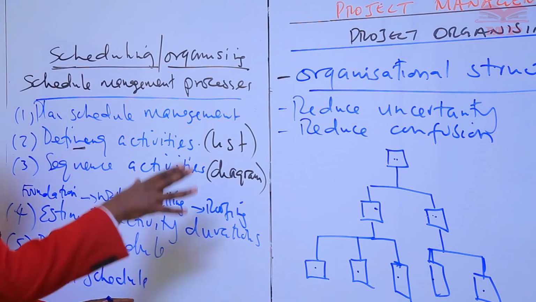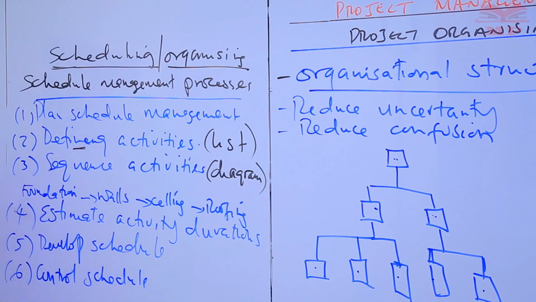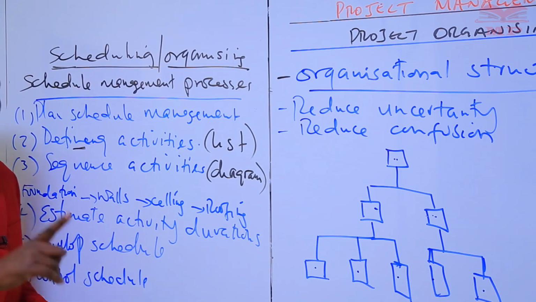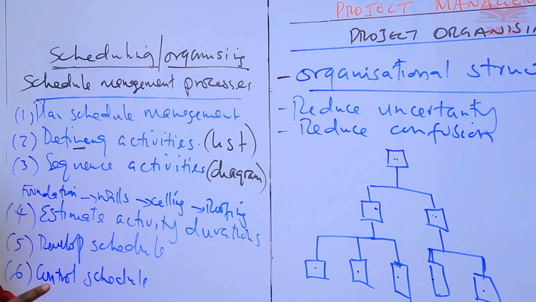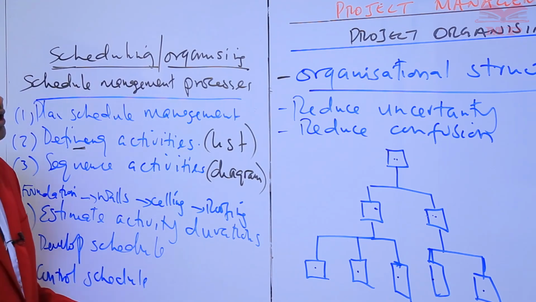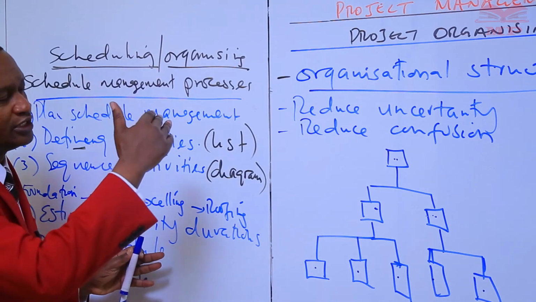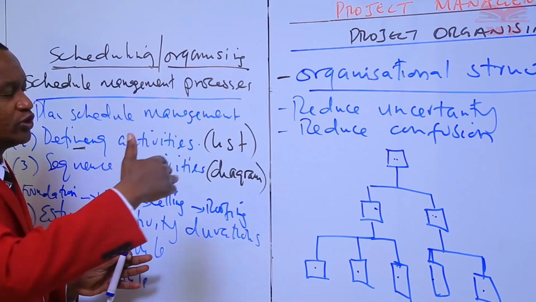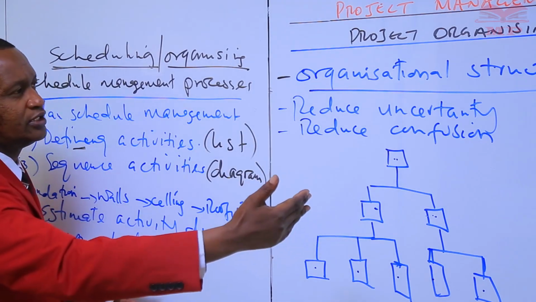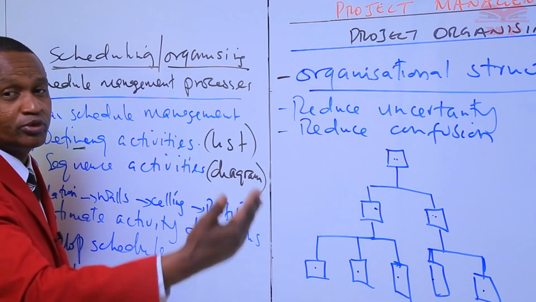So candidates, all these processes take place before the execution of the project. All right? And that we see in a project life cycle, where we have the initiation of the project, moving on to the project planning and project organizing.